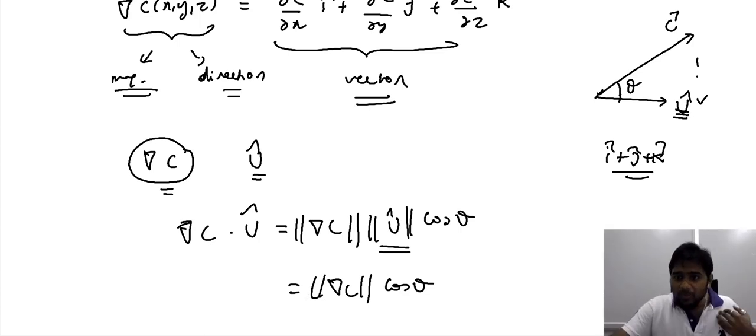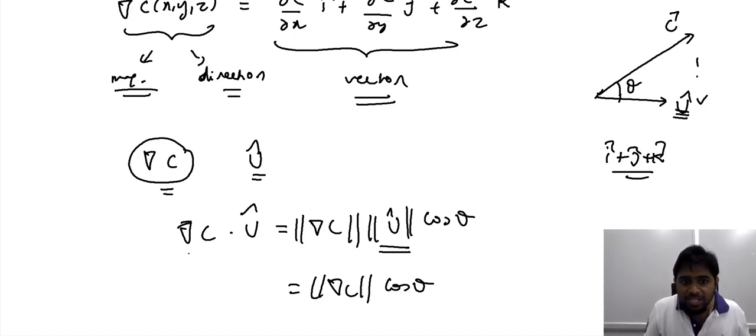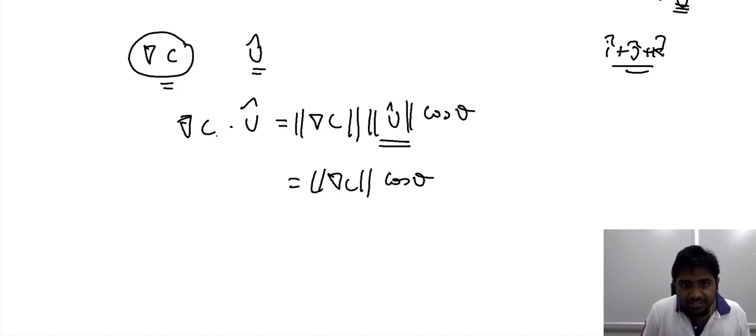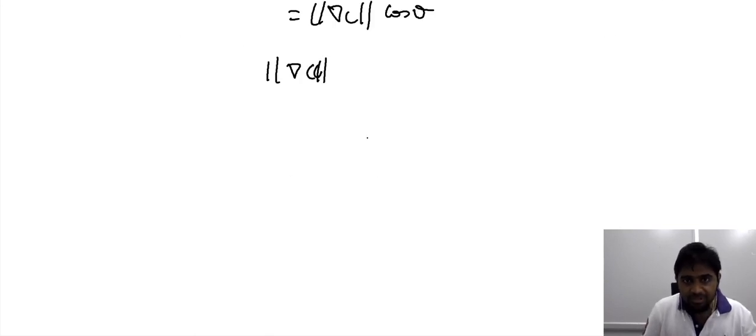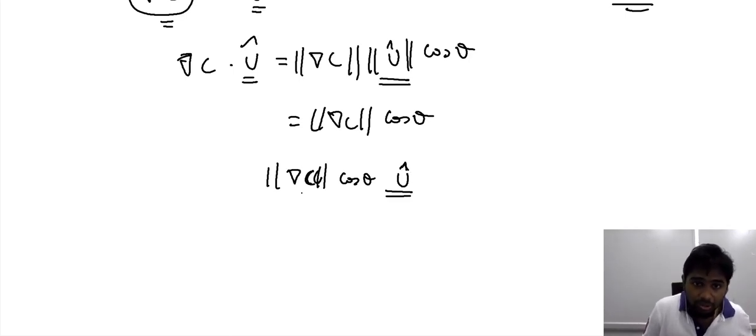Now my question is, along which direction is my gradient C pointing? If you recollect, we can extend this expression, and since u is a unit vector, if I add it to the expression, the norm of gradient C cos theta, it is not going to change the magnitude.